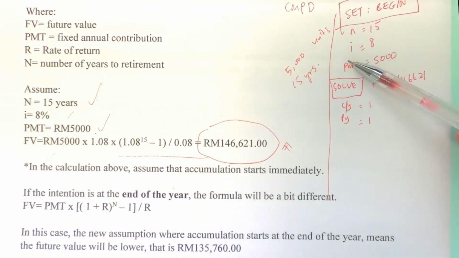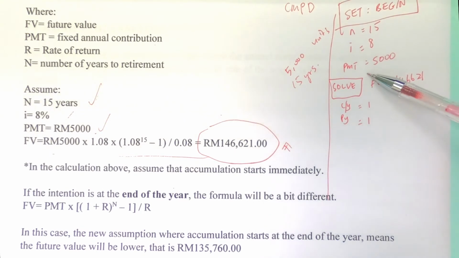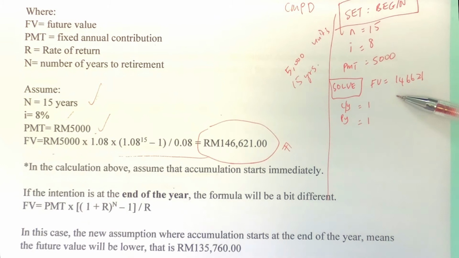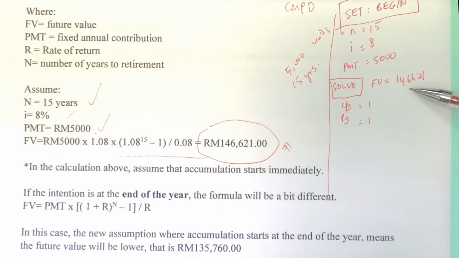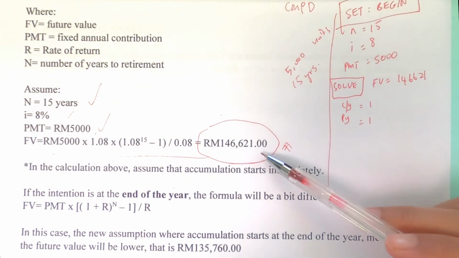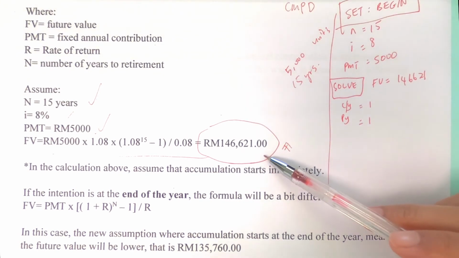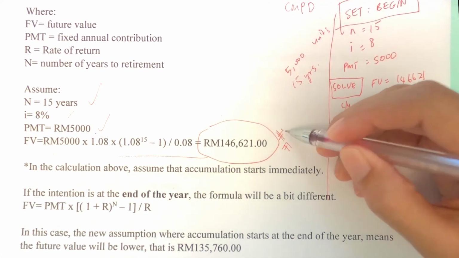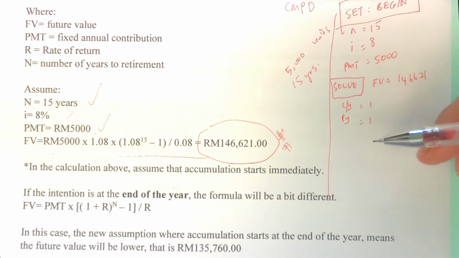N is 15, I equals 8, PMT is 5,000 per year. P/Y and C/Y are both 1, and if you go to FV, you solve for FV and get 146,621, similar to the answer from our formula. This answer applies where the question says the payment is made immediately, or sometimes at the beginning of the year.